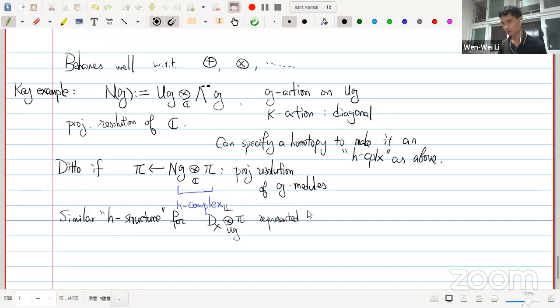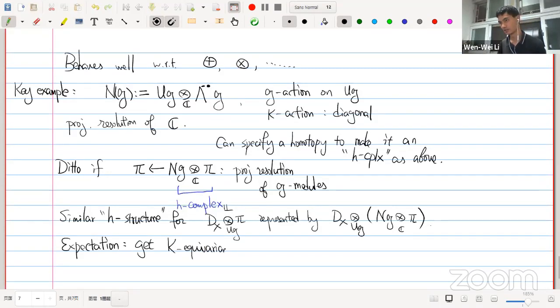Represented by this guy. And in this way, you will get, maybe I have to check the details, but let's say this is just an expectation, you will get K equivariant structures on the homologies of this guy.